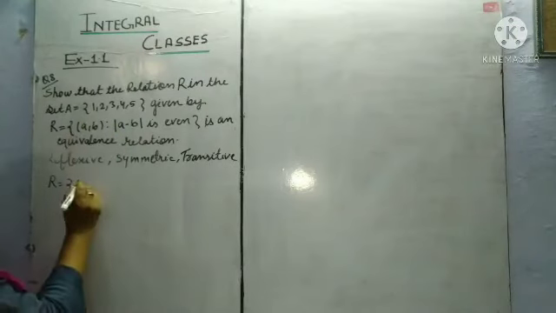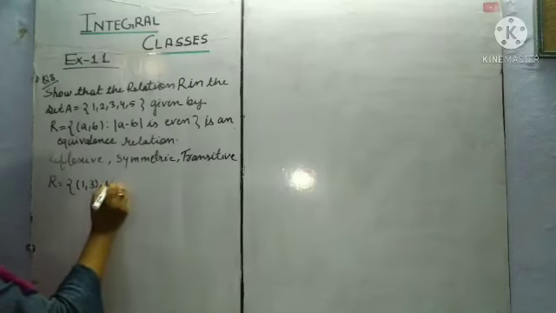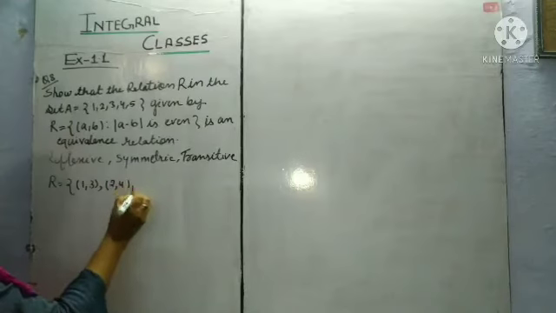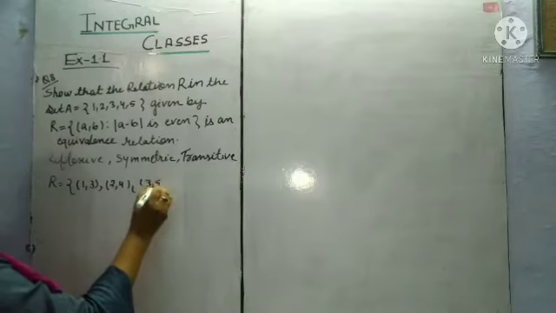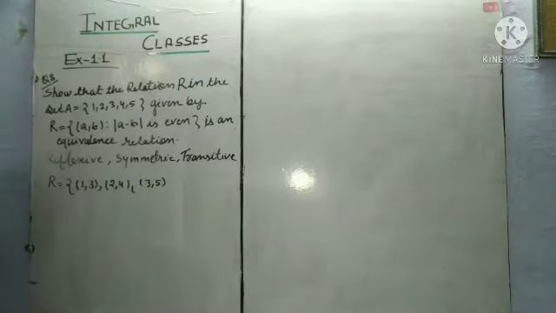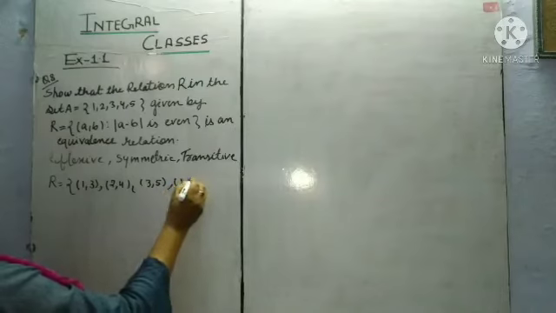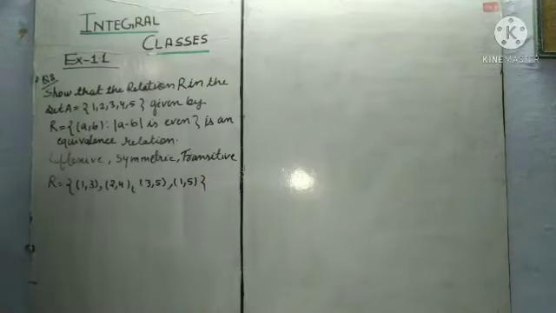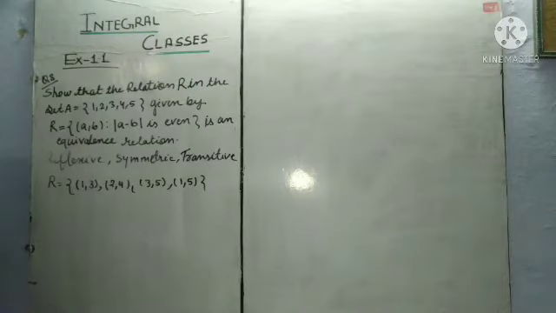Now 1 minus 3: the first pair is (1, 3), second (2, 4), and (3, 5). These relations we will get, and also (1, 5). These all 4 pairs we will get in the relation which we have been given.